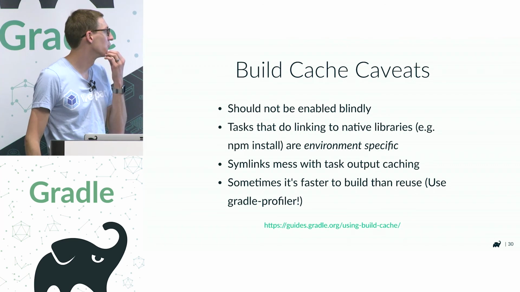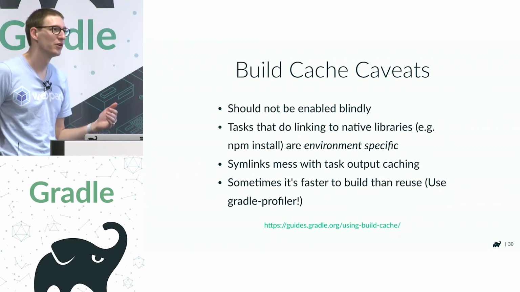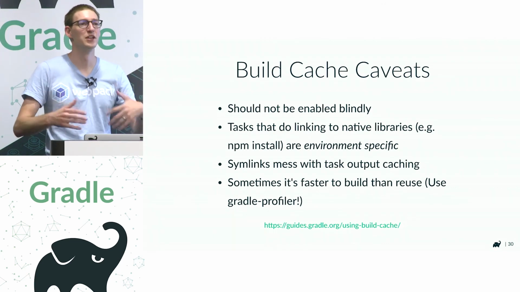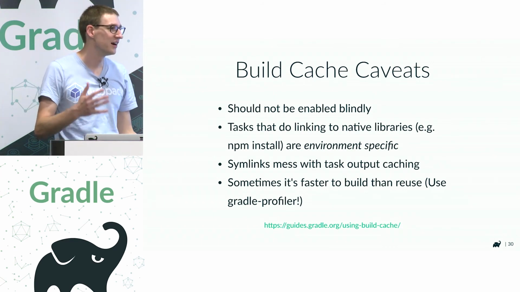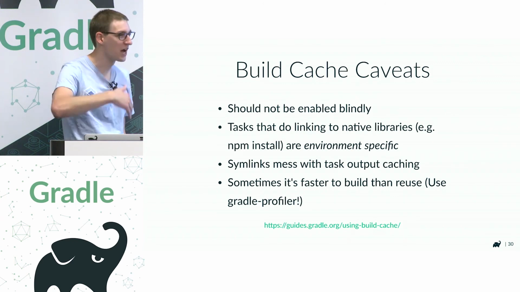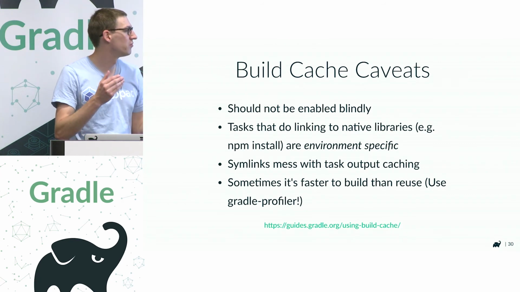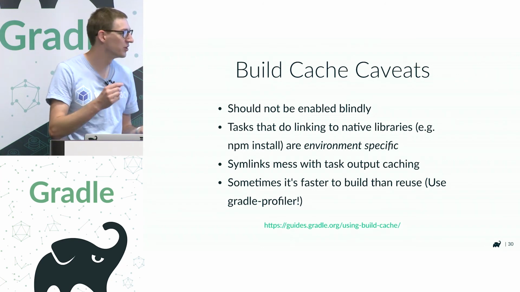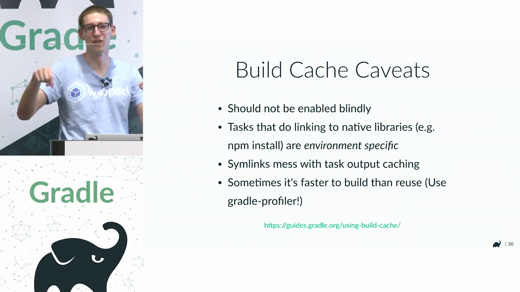So things that are specific to the web: tasks that link to native libraries are environment specific. So if you run CI on Linux and you push to a cache instance, but then you have a Windows or Mac machine that's going to link different libraries, what you resolve from the cache isn't going to work. Similarly, it's common for node modules to use symlinks, and those symlinks are links to files that contain relative references to their other files.